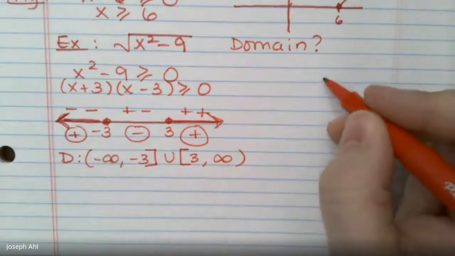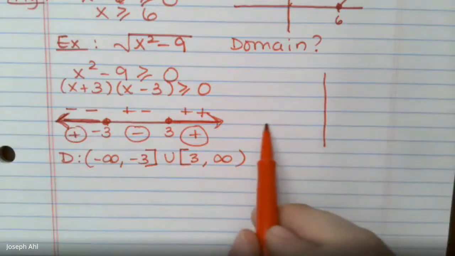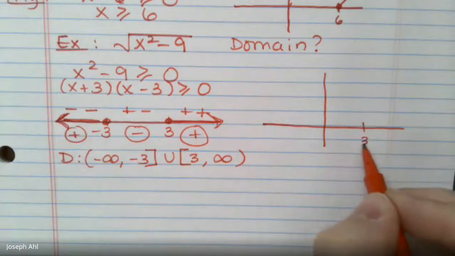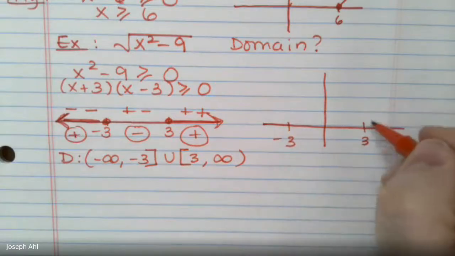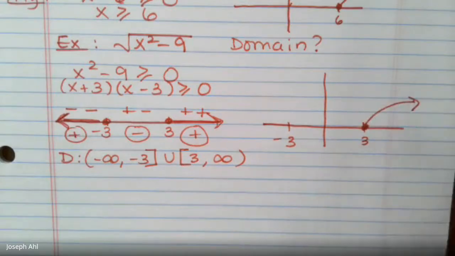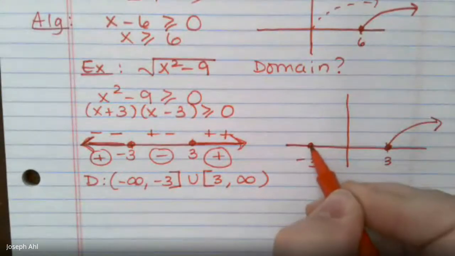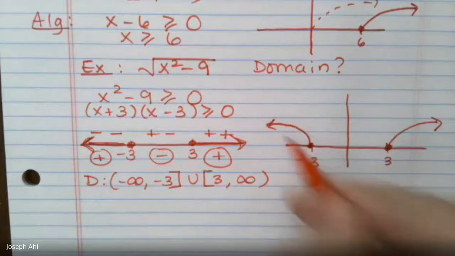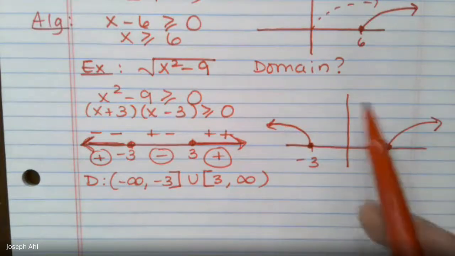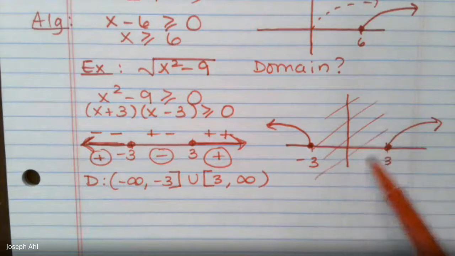If you were to look on your calculator right now, just to double check, what does this graph even look like? You'll notice 3 and -3. You're going to see a graph that has that general curve like we had in the radical up here, but you're going to get a symmetrical matching curve to the left of -3. And notice how there's nothing graphed in between at all.